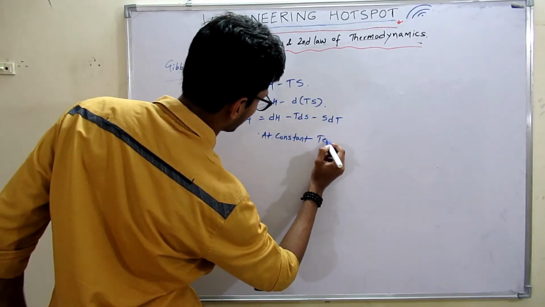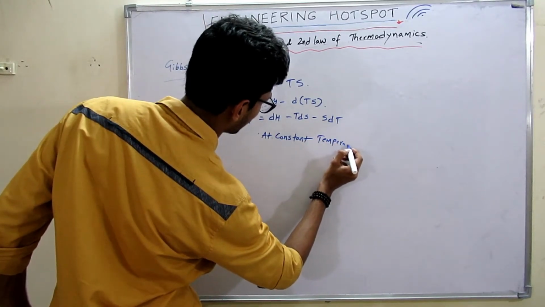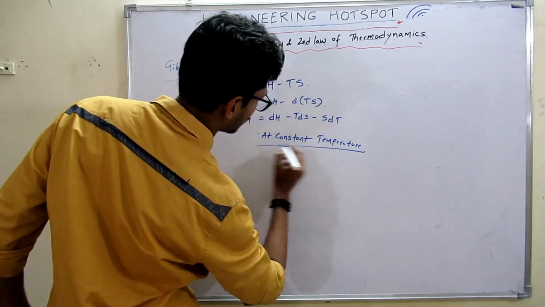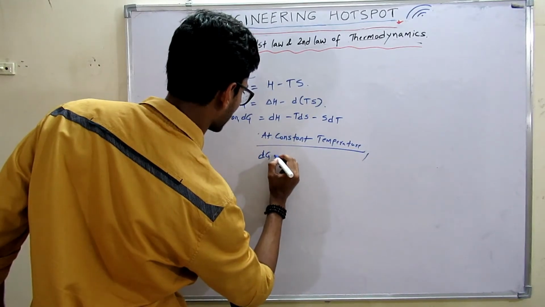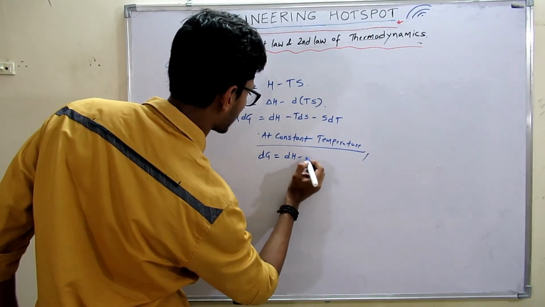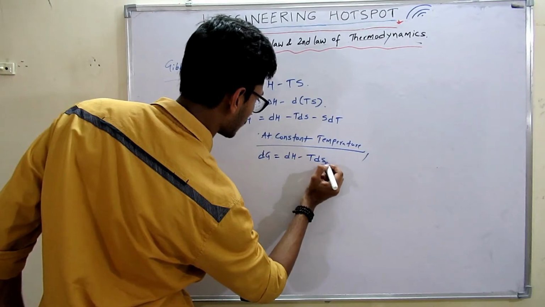At constant temperature, this term will go out. So you will be left with dG is equal to dH minus TdS.